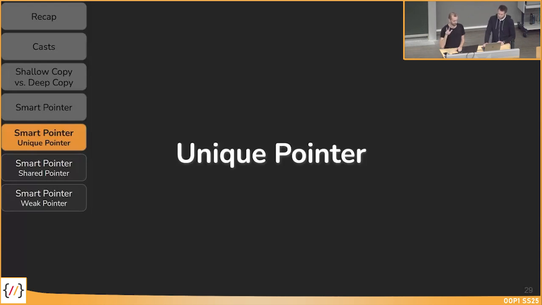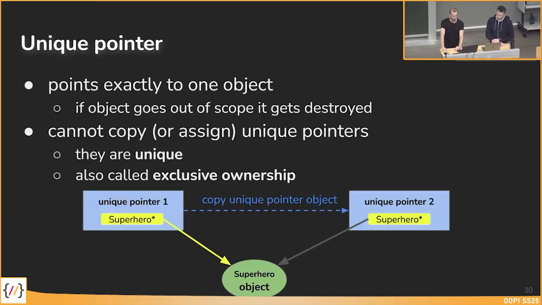We have 3 types of pointer: the unique pointer, the shared pointer, and the weak pointer. Let's start with the easiest one, the unique pointer. The unique pointer is an object, and it points exactly to one other object.